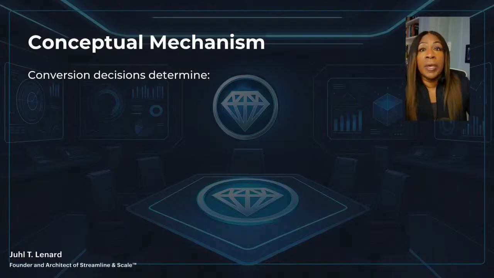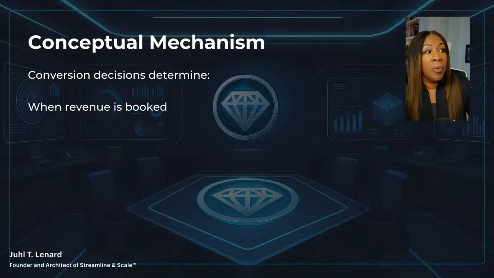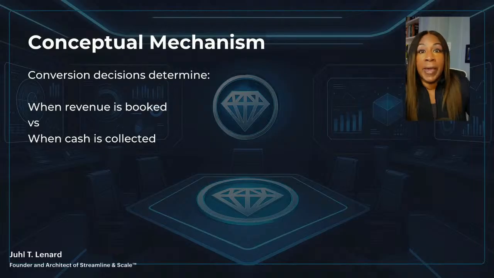So in this case, there's a mechanism at play that results in the liquidity drift. What that looks like is when revenue is booked versus when cash is collected. I used to be a CPA, and revenue recognition is a thing, right?